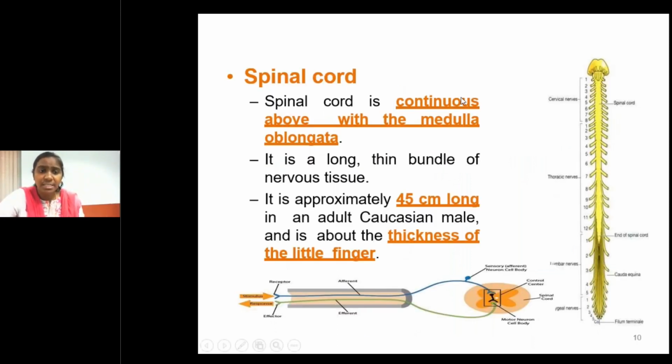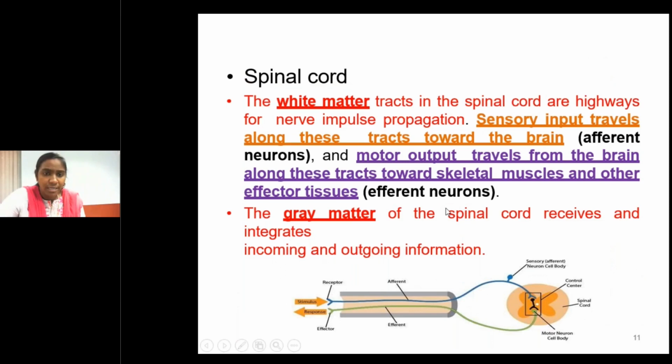The spinal cord is continuous above with the medulla oblongata, and it is 45 centimeters in length. It has the same arrangement: gray matter and white matter. The white matter is the outer covering, mainly for receiving the stimulus, sensory, and motor carries the impulses away.